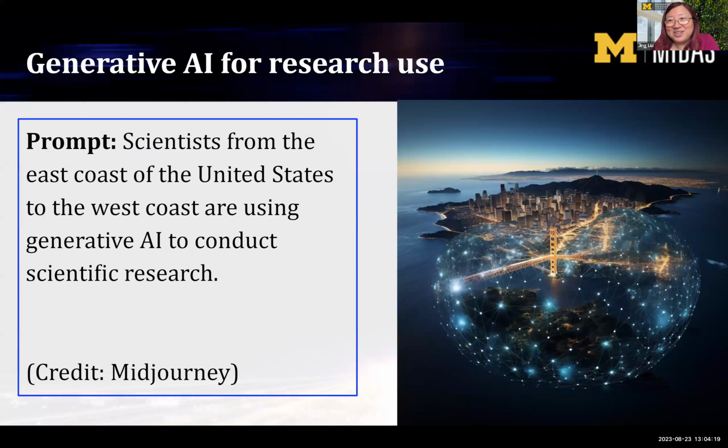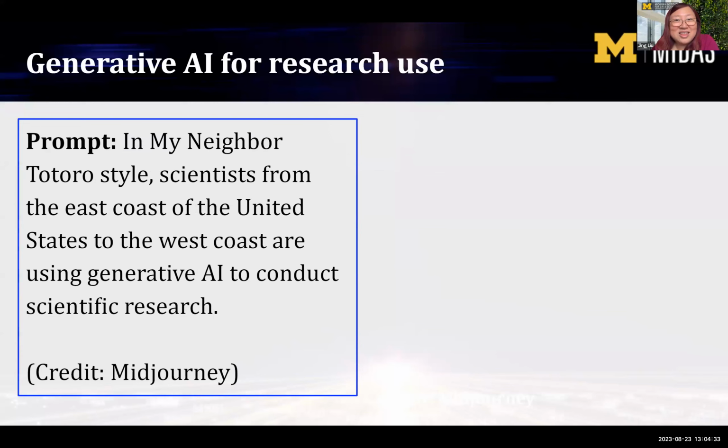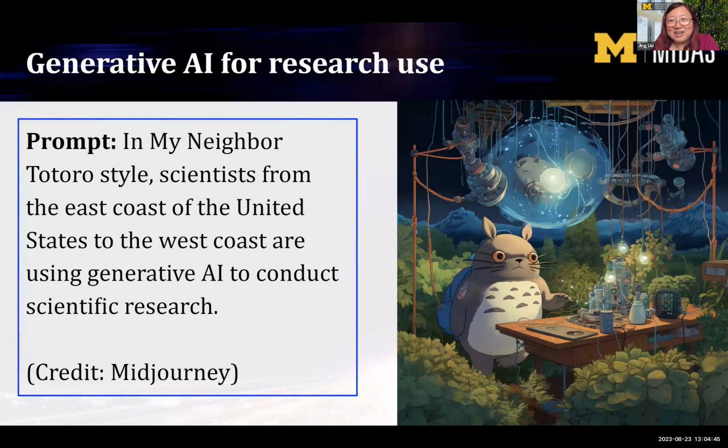And so this is the image that I got. And just to show you how much this kind of image generation, or in general, the use of generative AI is dependent on the prompt, this is my next prompt. Same thing, but I asked Midjourney to give me a picture in My Neighbor Totoro style. And so this is what I got.